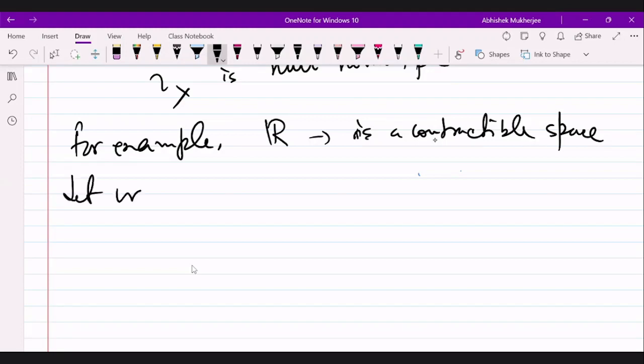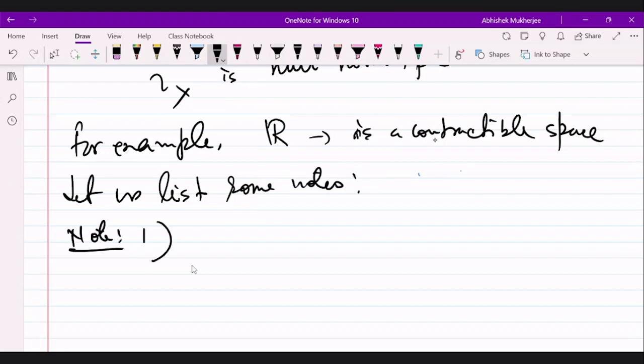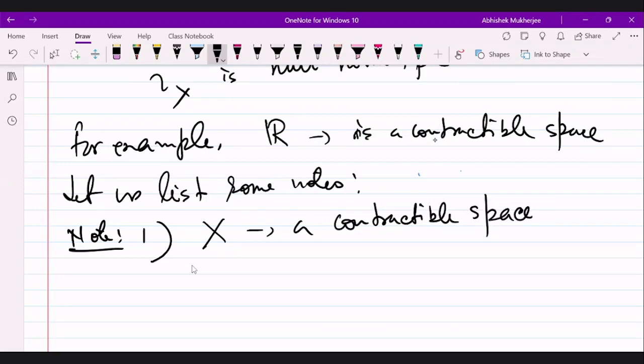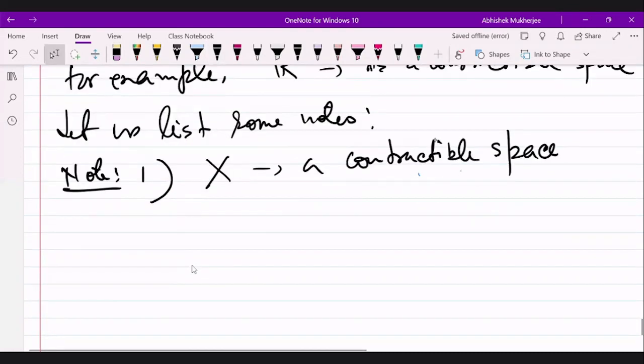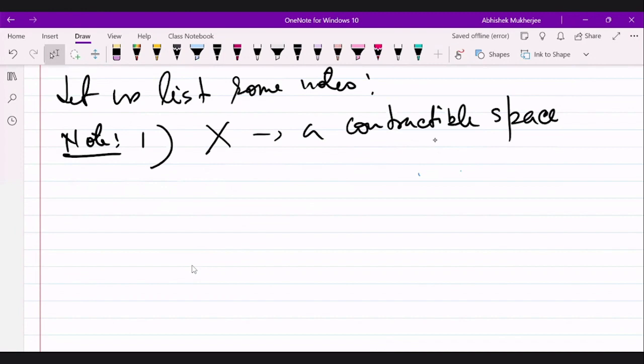So let us list some notes. So note 1. Suppose you take X to be a contractible space. Okay. So what kind of benefit will you have if you are having some contractible space?